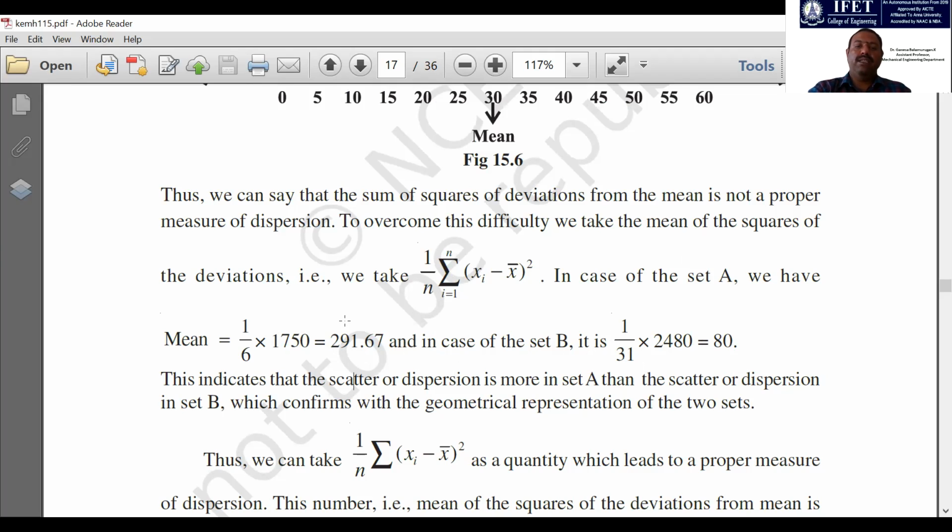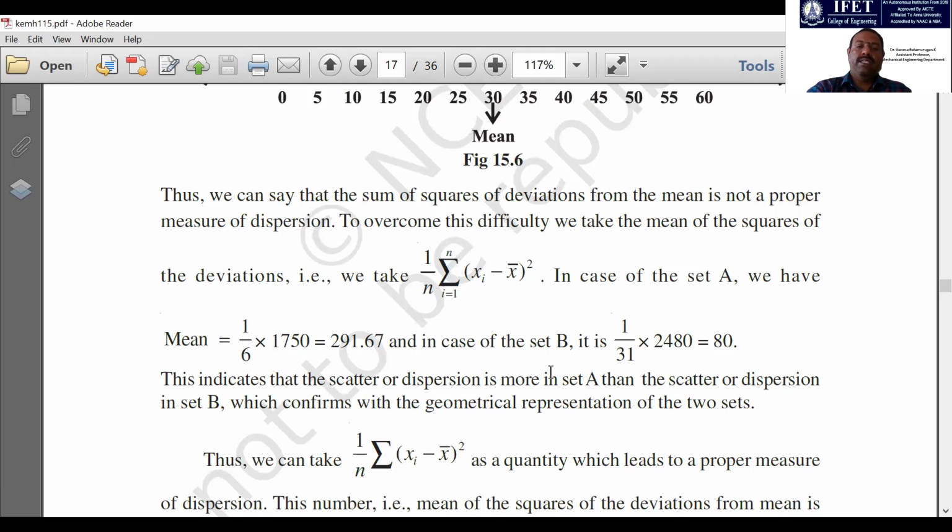Observation A shows more scattering when compared to B. The scattering nature of B is very much less when compared to observation A. So now you get some meaningful information by incorporating this formula.